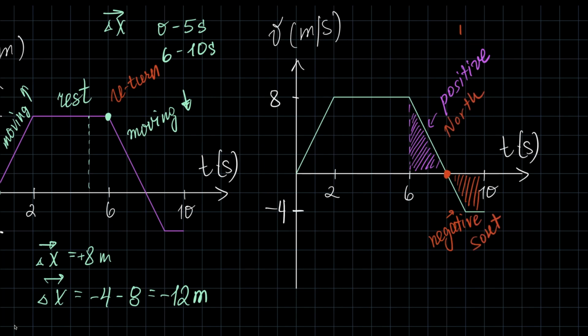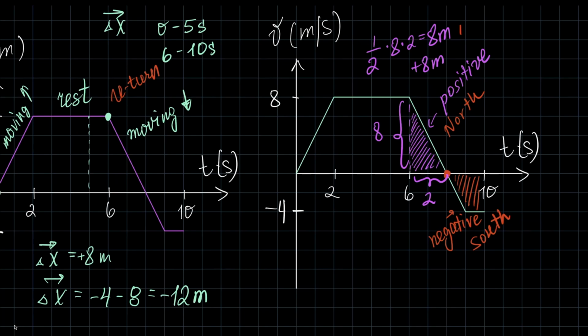And if I say moving south, that means I have to make that area negative. So let's calculate. This looks like 2. This is 8. So we have 1/2 base times height. 1/2 times 8 times 2 gets us 8 meters, and it's positive. Between 6 and 8, we moved forward 8 meters.